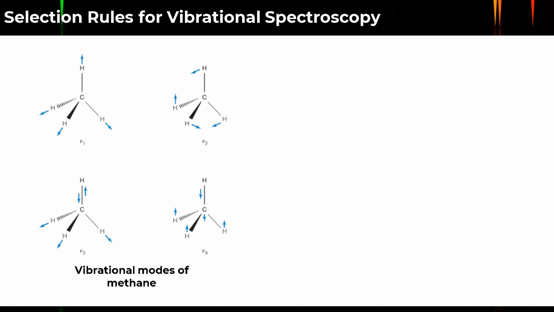Let's understand the rules with methane as our molecule. Given here are the different normal vibrational modes of methane, having arrowheads showing the direction of oscillation or vibration. We know that having a change in dipole moment tells us that methane is infrared active. Therefore, methane can be detected in vibrational spectroscopy, which results in this spectrum.